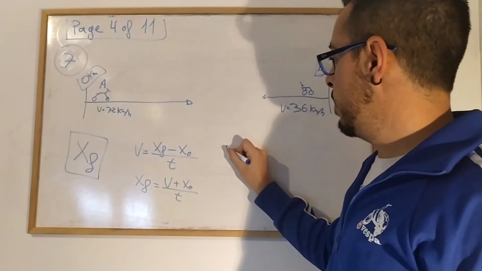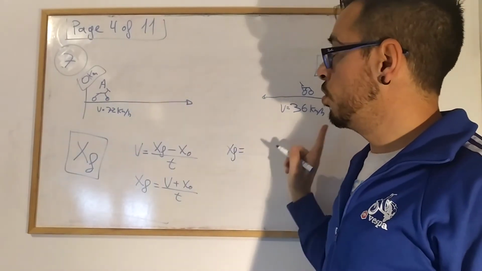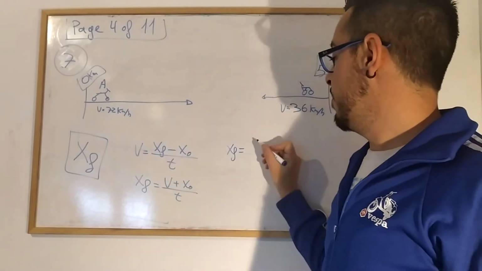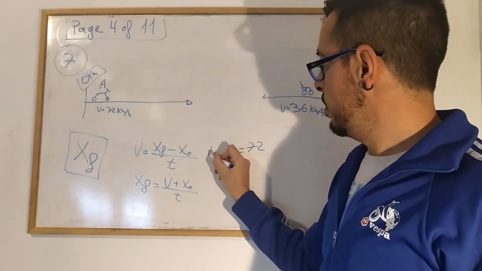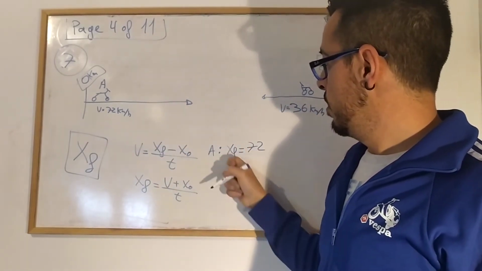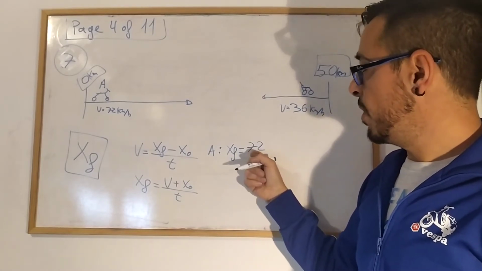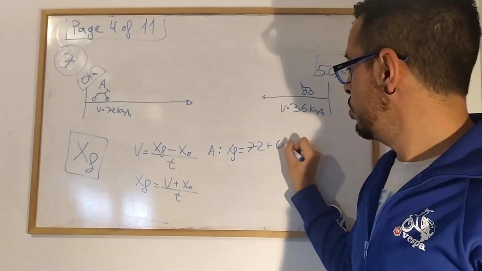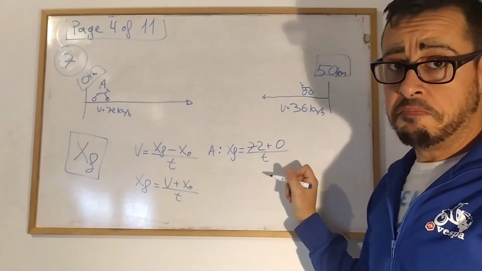This one, final position, we don't know. Velocity, 72. I'm with A, okay? Final position, velocity 72, and initial position is going to be 0. And the time, we don't know the time, okay?